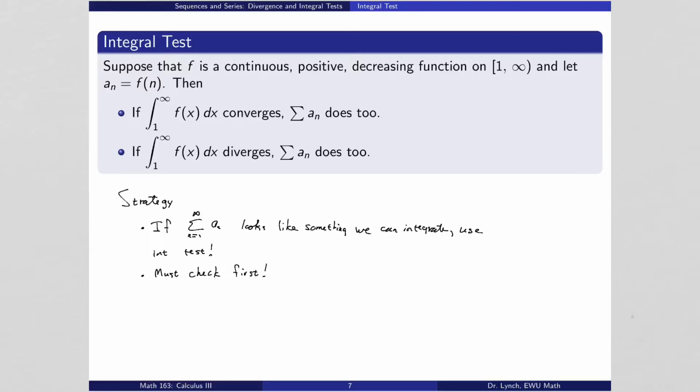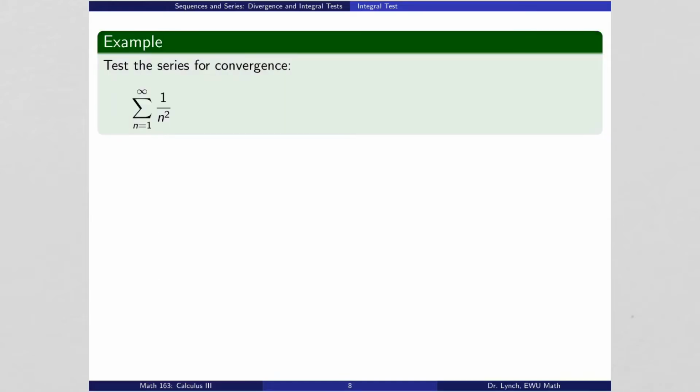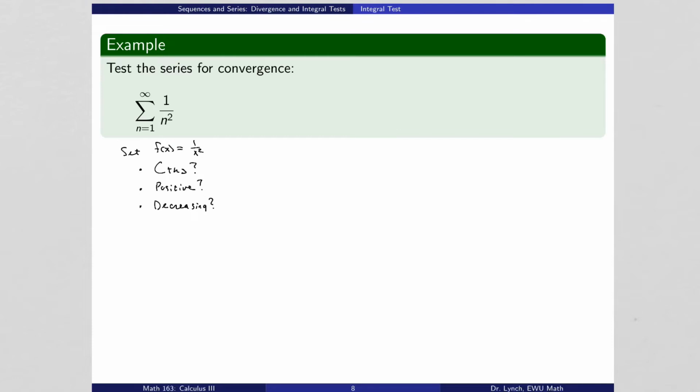Okay, so an example of using the integral test. Here's the first one. Let's test this series for convergence with the integral test. So we sort of know that this series converges already. We checked it out using that inequality, but let's go ahead and have a look at it with the integral test. So here we would define our function f of x to be 1 over x squared. Then we have to ask ourselves, is this function continuous on 1 to infinity?